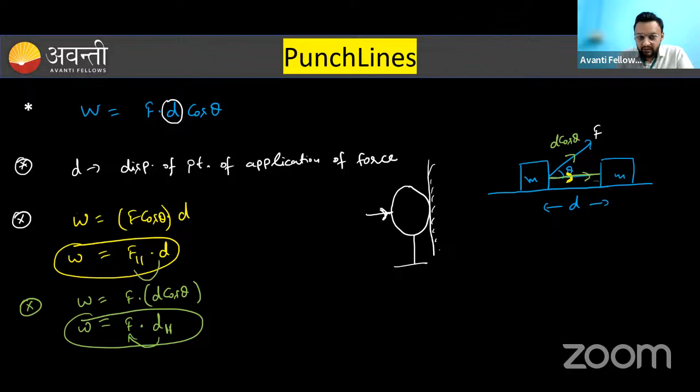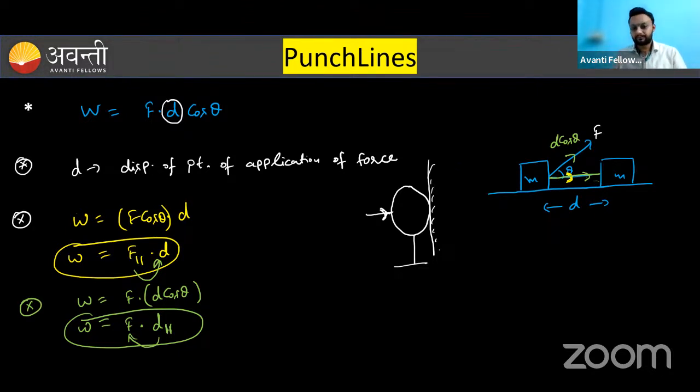Here, force parallel to the displacement. Are you getting these things? Three important points that I have told you. d is the displacement of the point of application. F parallel into d is another form of work done, and F into d parallel is another form.